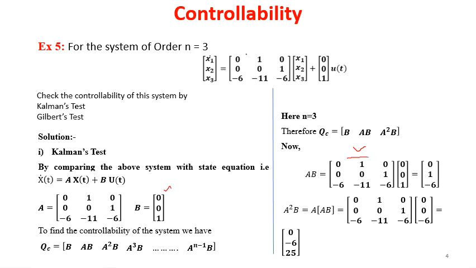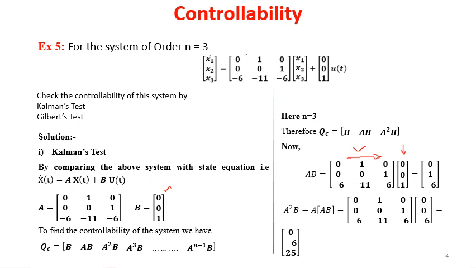When I multiply the rows with the column, we get 0 1 minus 6. This is the result. You can do this with the help of a calculator also. So use the calculator for doing the A into B matrix.